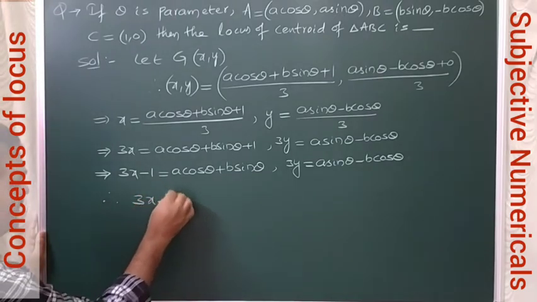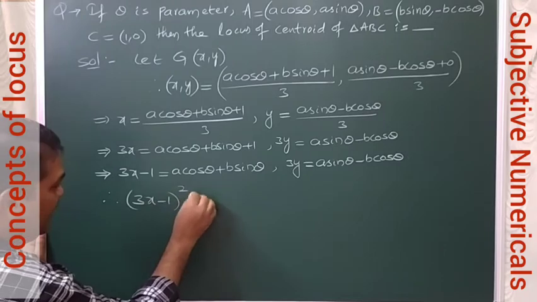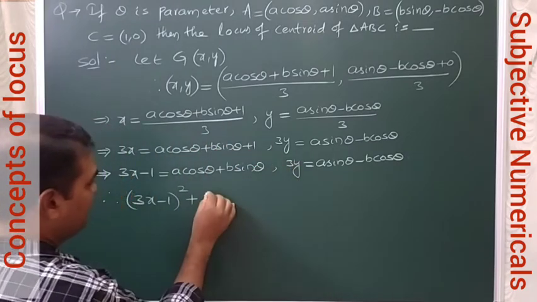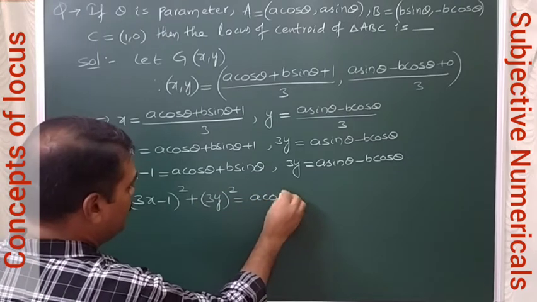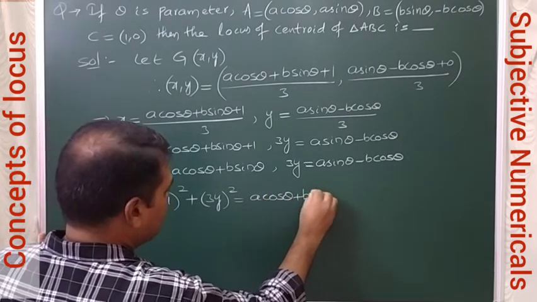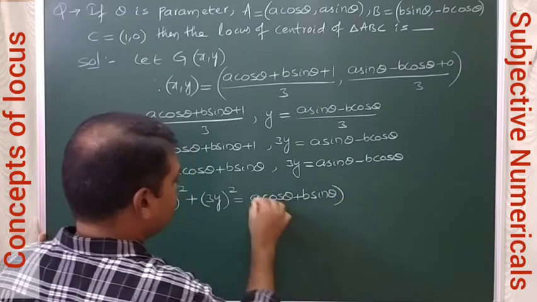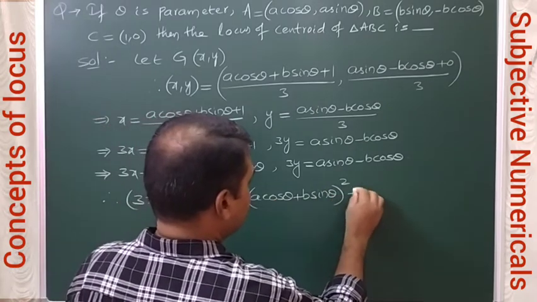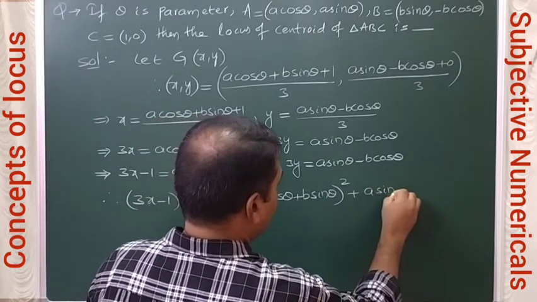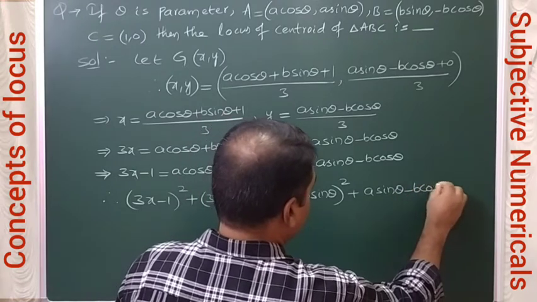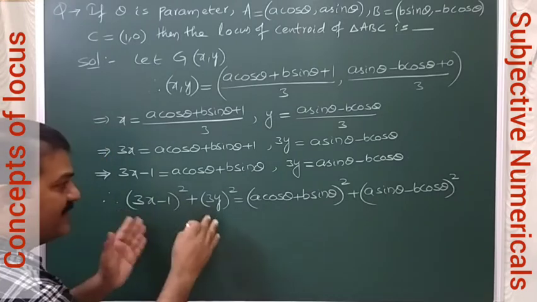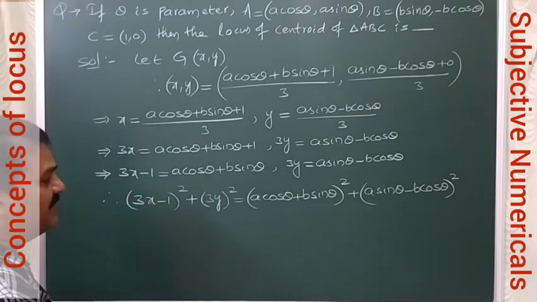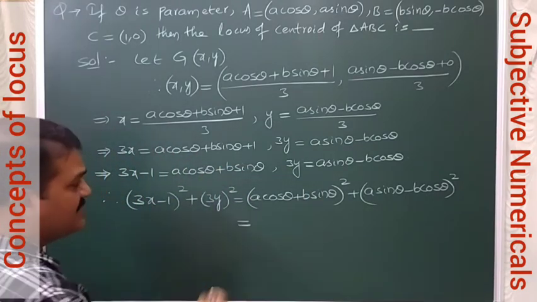Squaring and adding both these equations: (3x − 1)² + (3y)² = (a cosθ + b sinθ)² + (a sinθ − b cosθ)². Now let us see the RHS simplification.